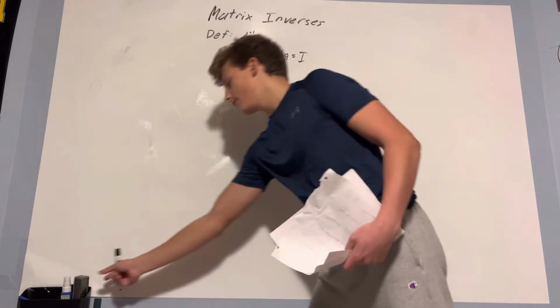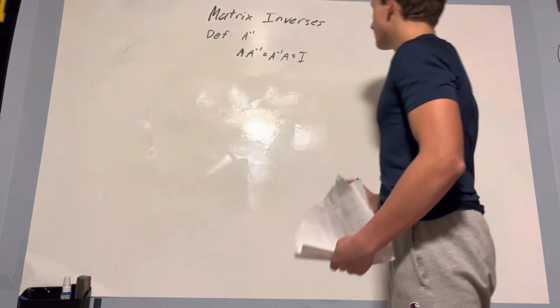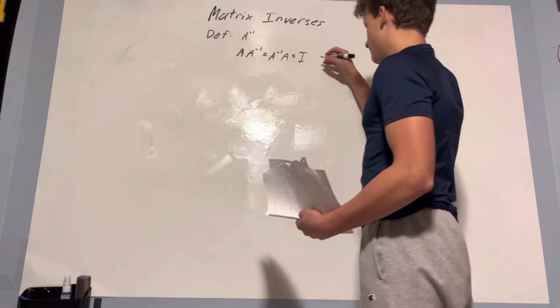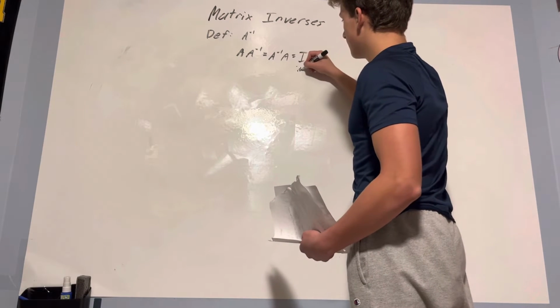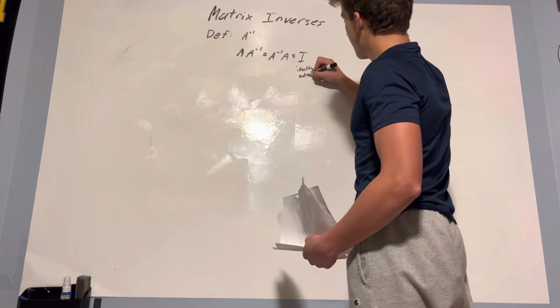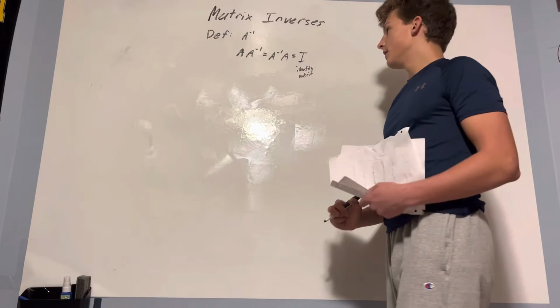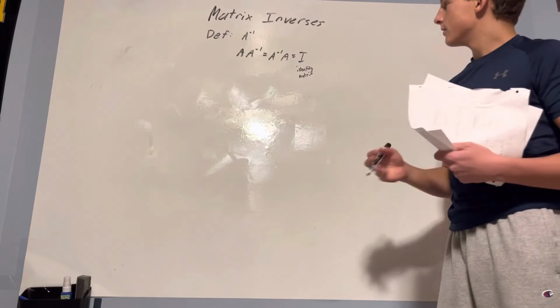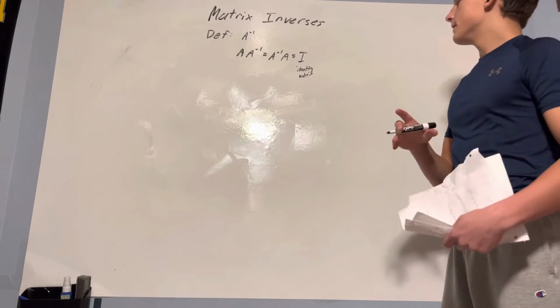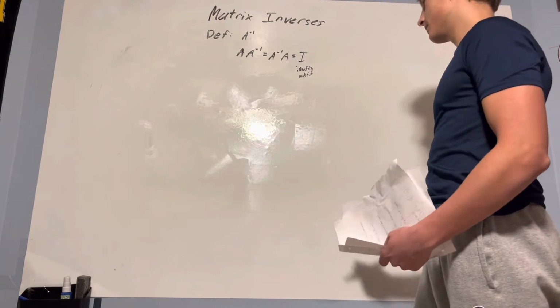That is a very important property of the identity matrix. If you multiply any matrix by I, it spits out the same matrix, hence why it's called the identity matrix.